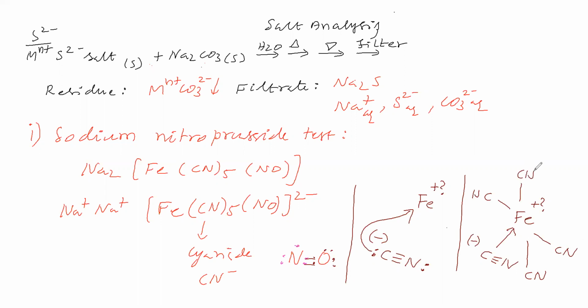Next, this nitric oxide with iron, how will the coordination be? We are taking iron, which has some oxidation number in the nitroprusside, and nitric oxide. The iron is providing a vacant orbital. In the nitric oxide, the nitrogen is providing a lone pair and a dative bond is possible.